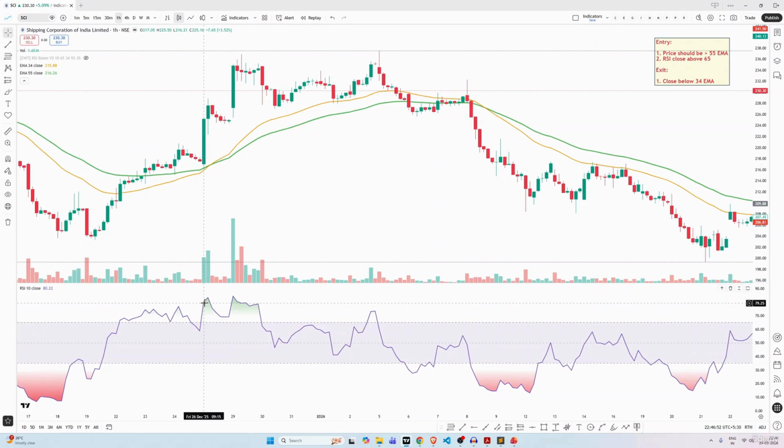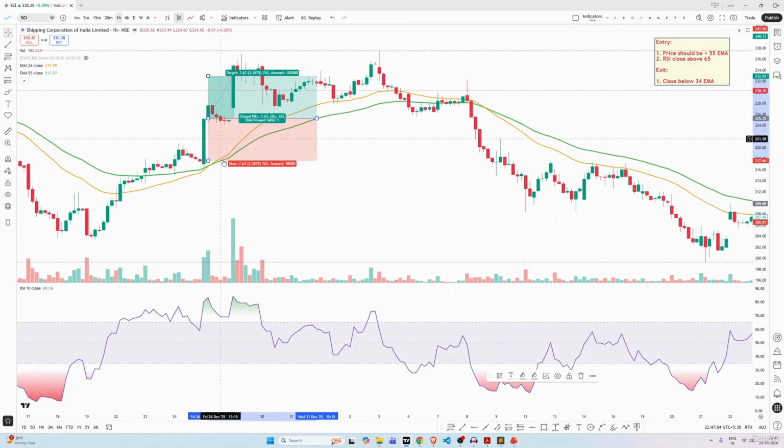After this candle, the RSI closed at 80. So this is a valid setup, and we will take an entry here at the open, and our stop will be at the 34 period EMA, which is here, and that gives a stop of about 3.8% roughly, which is well within our 5% limit.